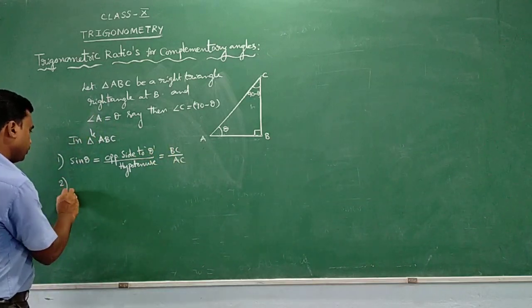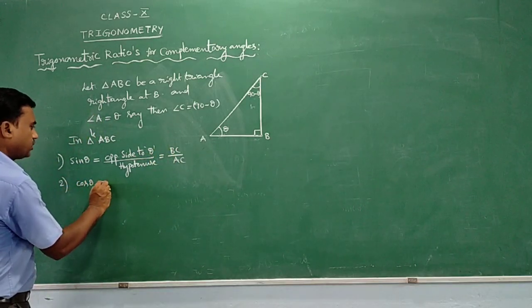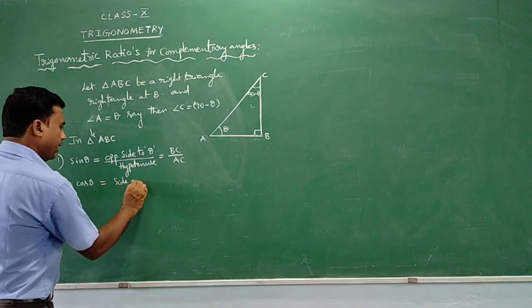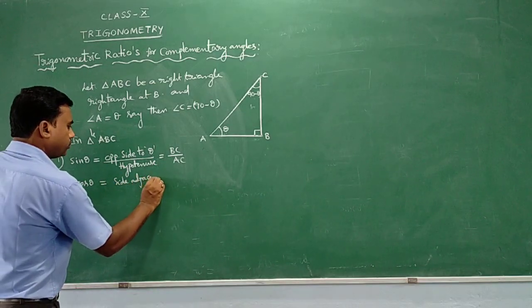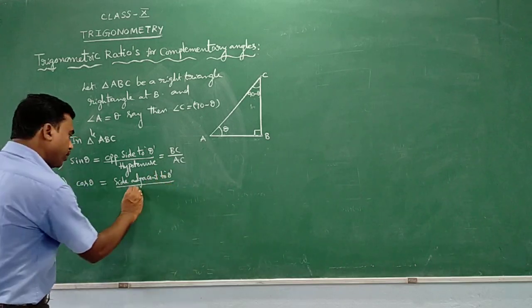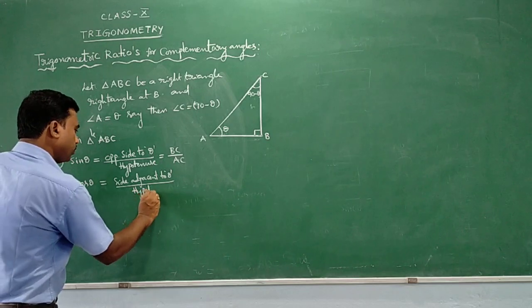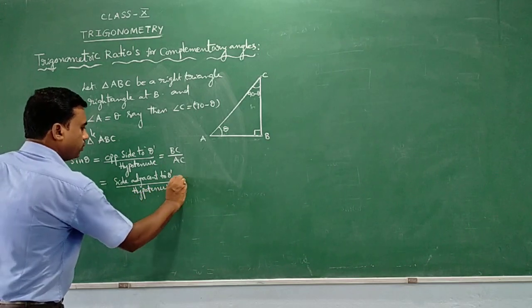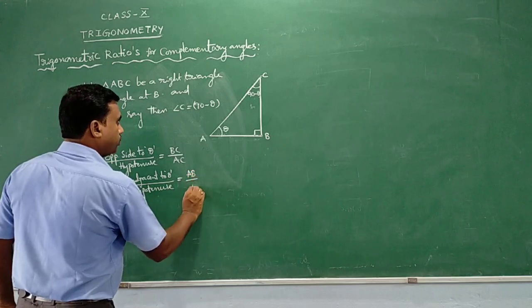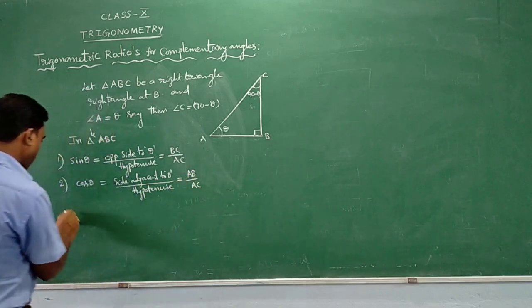Now cos theta is equal to the side adjacent to theta by the hypotenuse, that is equal to AB by AC.